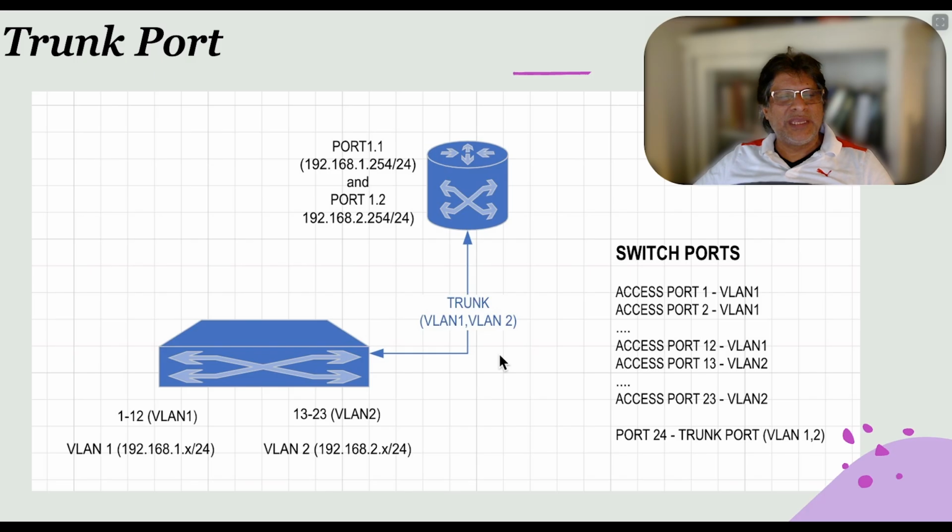Now, normally in the case of a hub, when you connect all the machines to a hub, every PC belongs to the same network. On a switch, you have a choice that they could belong to the same network, or you could create multiple networks, what is called virtual LANs or VLANs for short.